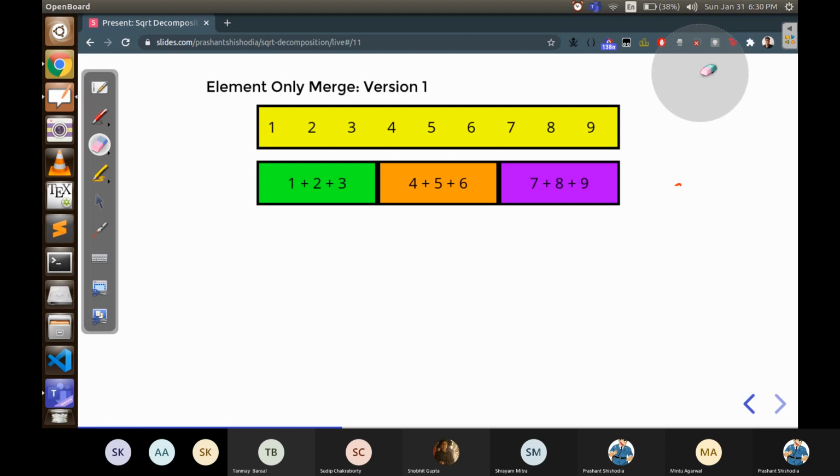You got the intuition, right? What I'm trying to do here. One thing I wanted to ask: we will have to find the contribution of the element for each of the root n size blocks, right? No, what I'm saying is, suppose you have two ranges and you are trying to find the total answer. You have the answer for this, you have the answer for this.